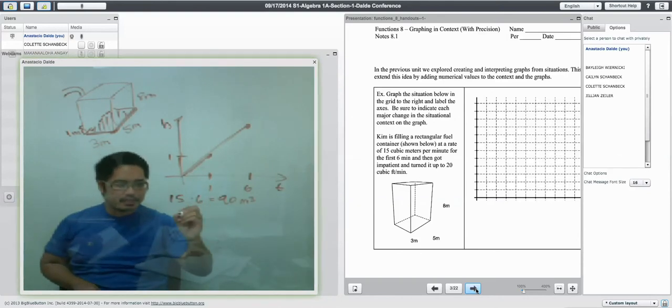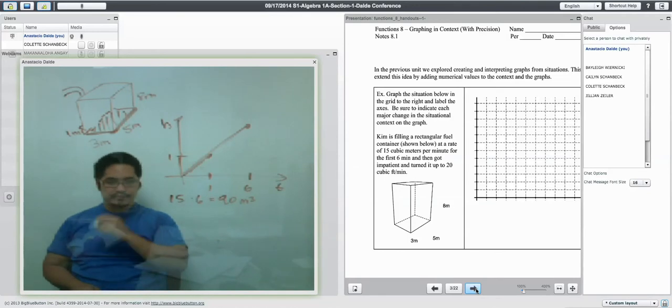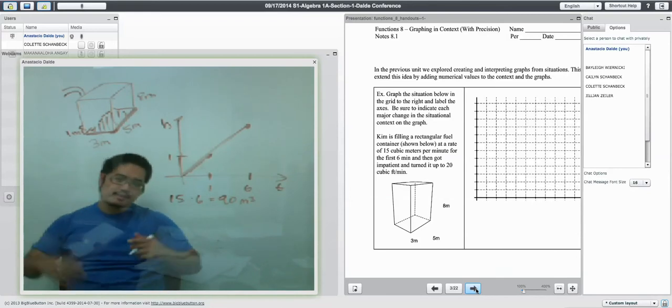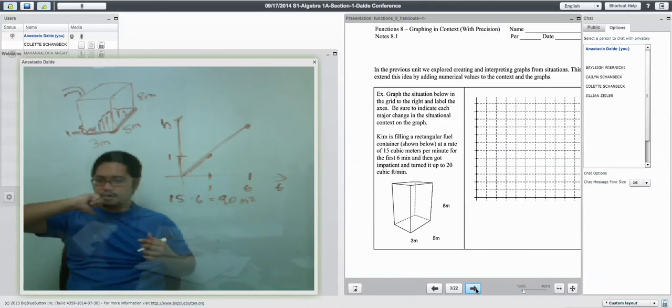At 7 minutes, how much water is in there now? 15 times 7? No. Because after 6 minutes, they turned up the volume, they cranked it up to 20 cubic meters per second.